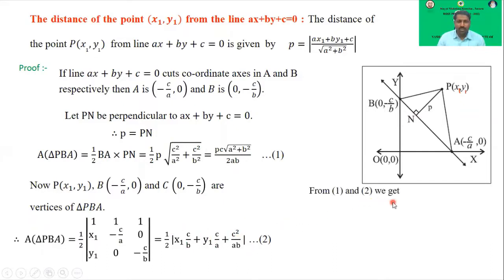From 1 and 2, the area of triangle PBA from both formulae must be the same, though we have calculated it from two different formulae.